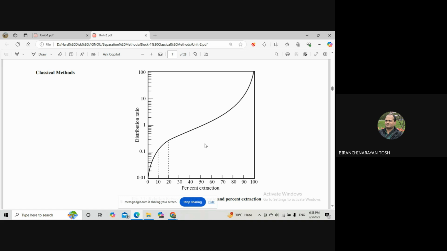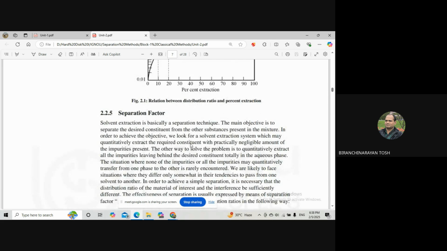Such a large difference in the distribution ratio, 99 and infinity, may be misleading when in reality the extraction will be nearly complete in both the cases. Then look at the separation factor.